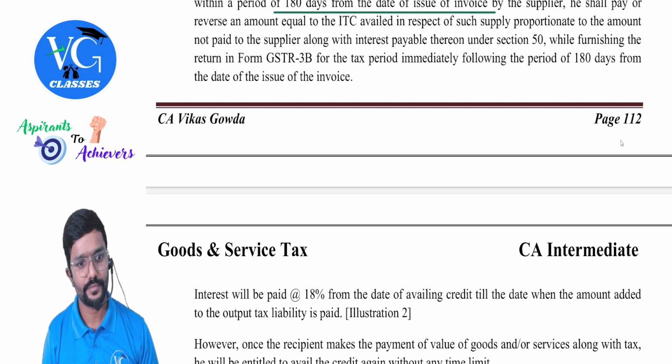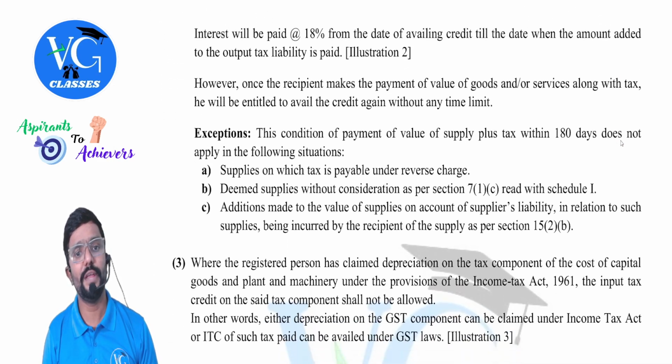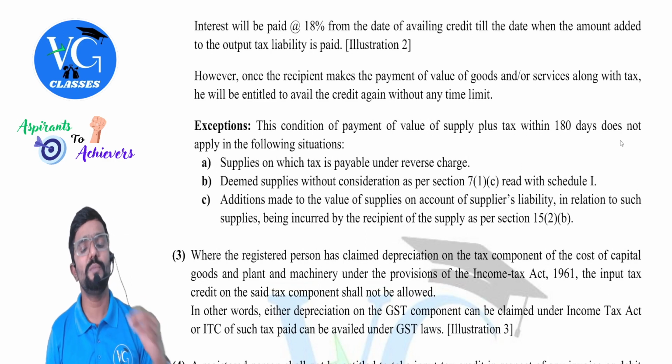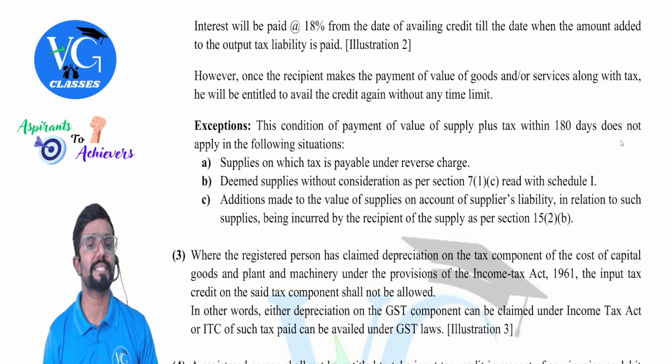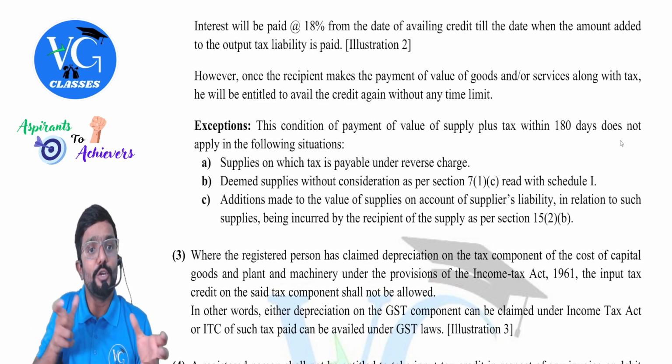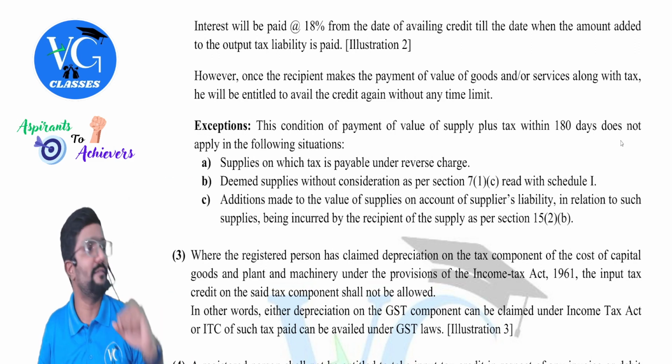Okay. So as per section 50, what is the interest rate, people? Interest will be paid at 18% from the date of availing the credit till the date when the amount added to the output tax liability is paid. Added to the output tax liability is nothing but reversal of credit.